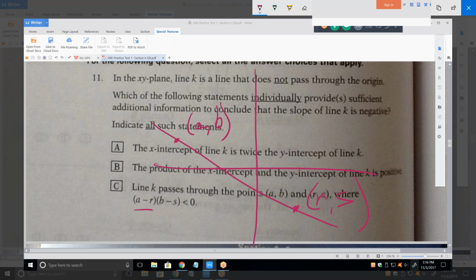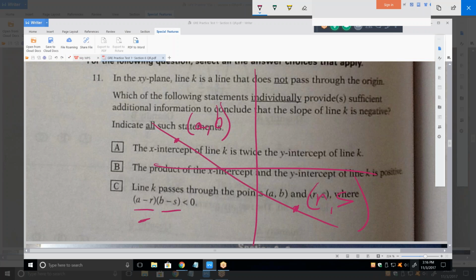A minus R times B minus S. Well, what's A minus R? Is that negative or positive? Well, A is actually negative. So A is negative and R is positive, right? Which is going to give me a negative sign.